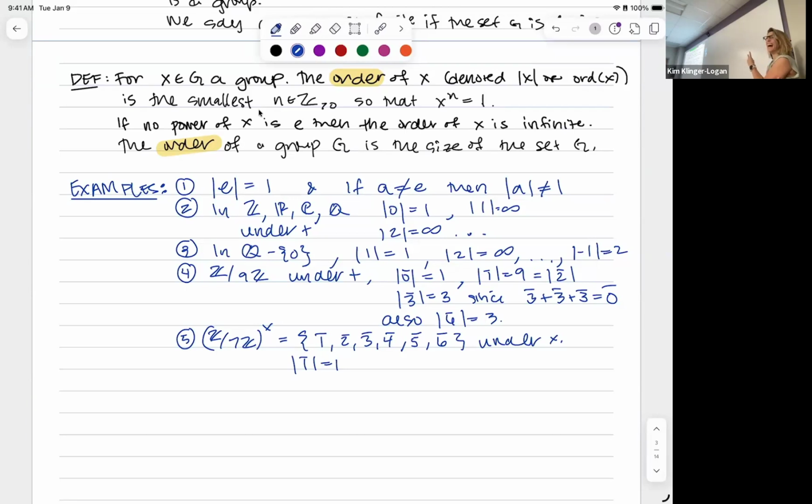So 2 times 2, I'm now checking myself. 2 times 2 is 4, times 2 is 8, and that's 1 mod 7. So we're good. Okay, great. Thank you. Good. So 3, and we could check, say, order of 3. Let's say 3 times 3, that's 9, which is really 2 mod 7.